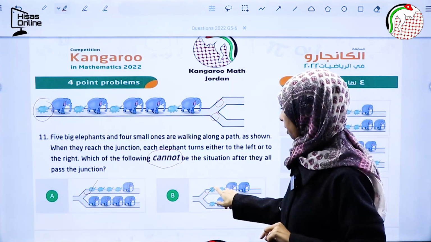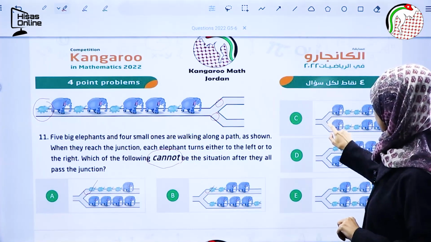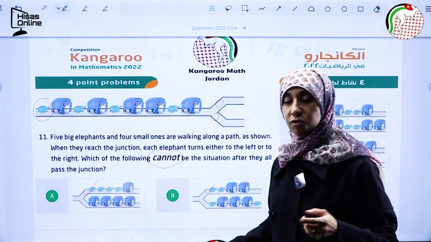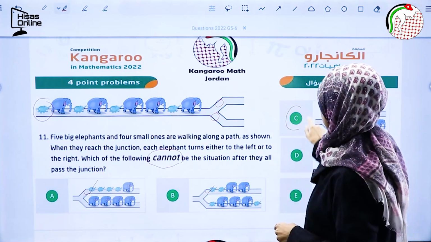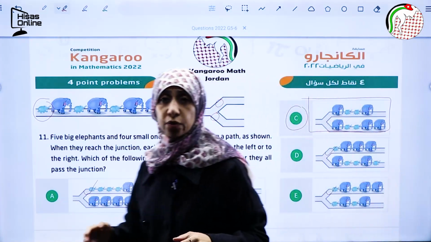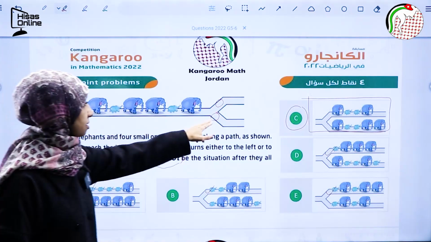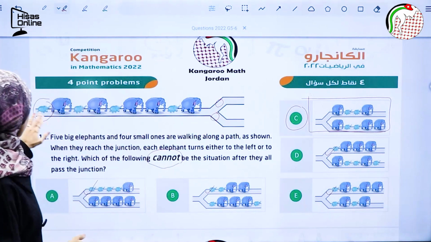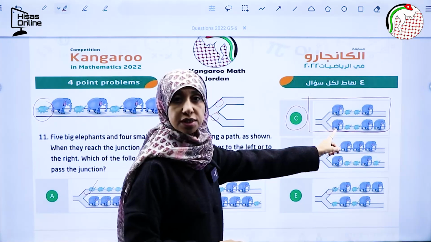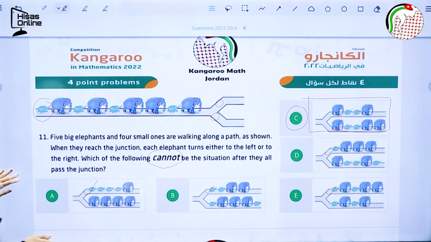Here we have at least one. Other options, here we don't have, here we have, and here we have at least one. That means C is the option that cannot be the situation after all elephants pass this junction, because I couldn't see the small elephant either on this side or on the other side. So C is the right answer.